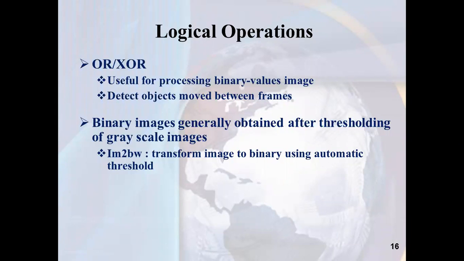And in general, the binary image is the resulting image at the end of the image processing techniques, which means that if we have an image and we want to process this image, we have different types of successive processing, and at the end level, we obtain the binary image.